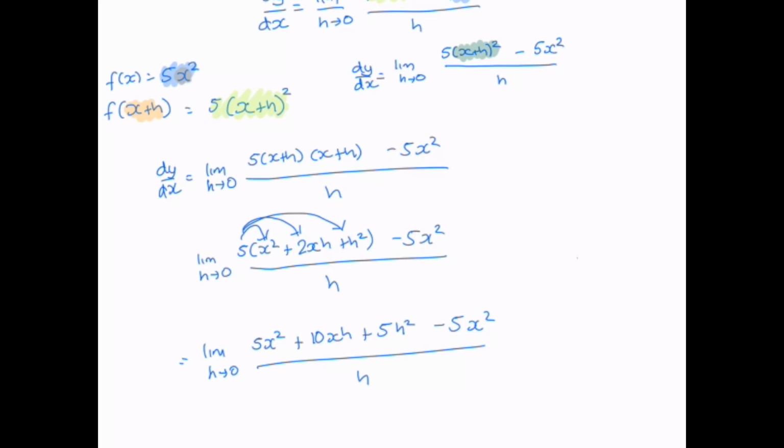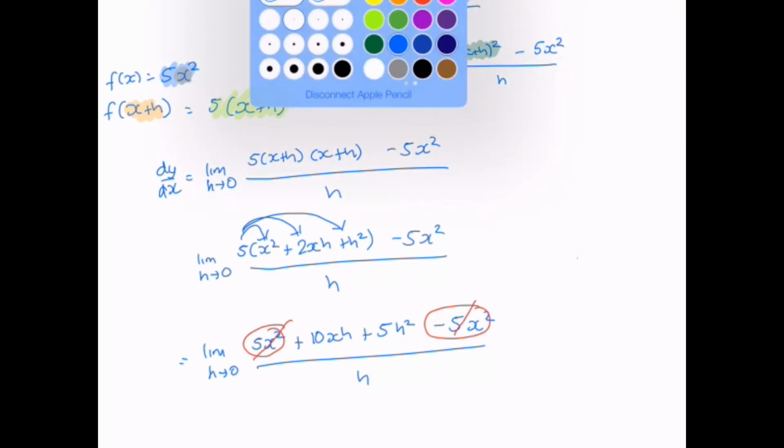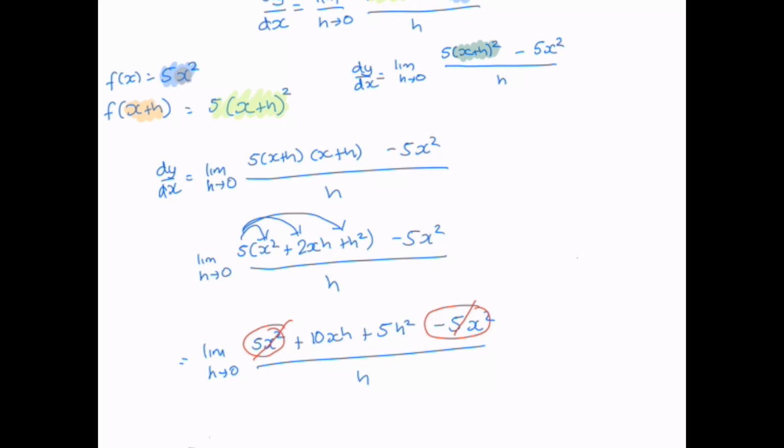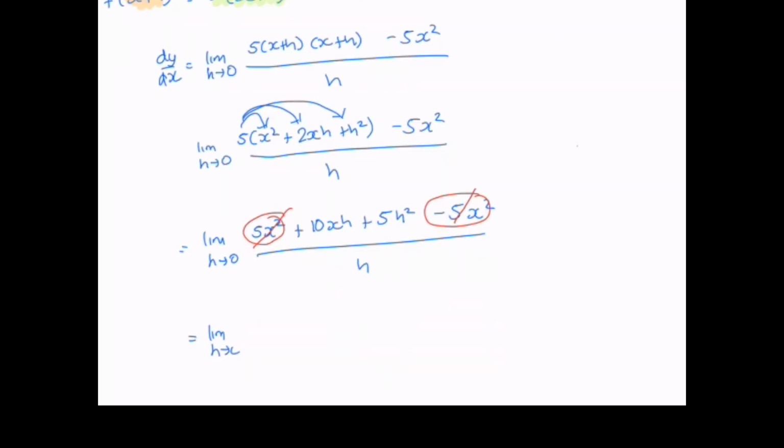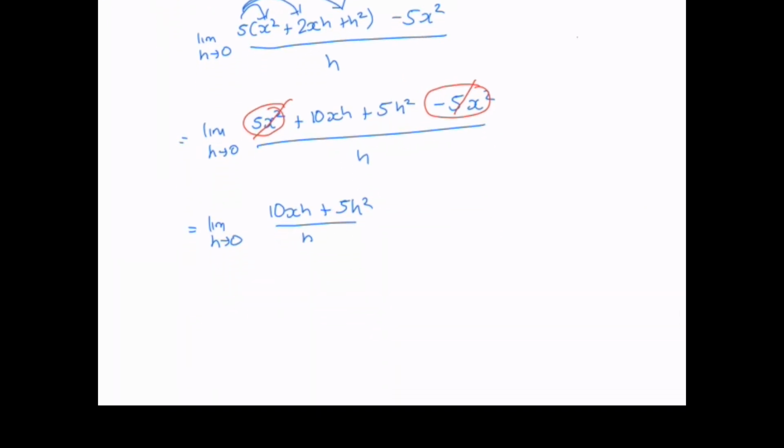Okay, now we can collect like terms. We've got 5x squared minus 5x squared, so they cancel, and so we're left with our derivative as h approaches 0 being 10xh plus 5h squared over h.